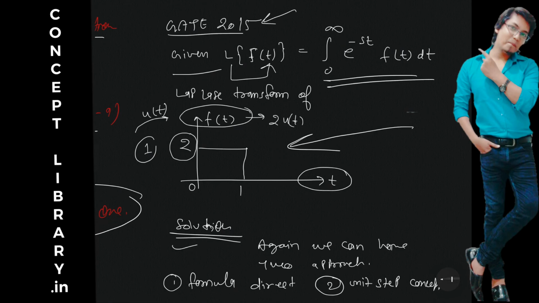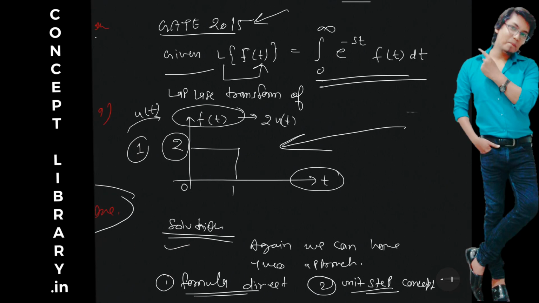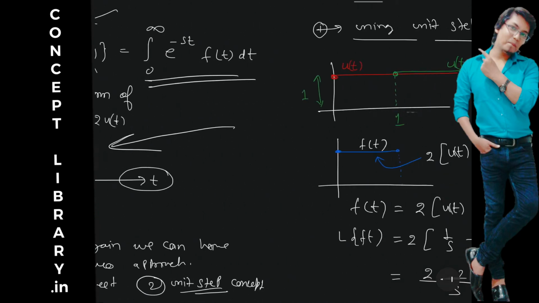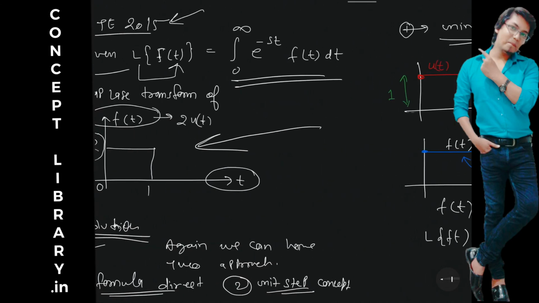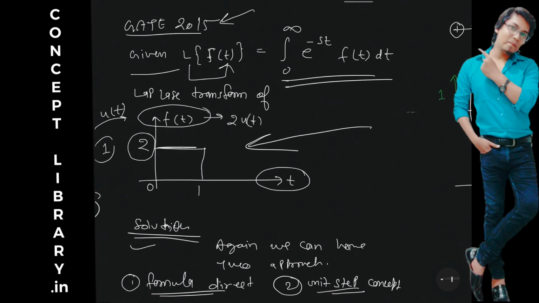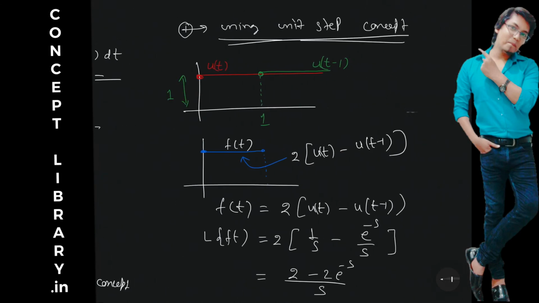Solution: again we have two approaches, either use the direct formula or use the unit step concept. First I will explain with the help of the unit step concept. Using the unit step concept, you see they have given a line only from here to here, correct? You can see the red line, it is going from here till completely here, right?